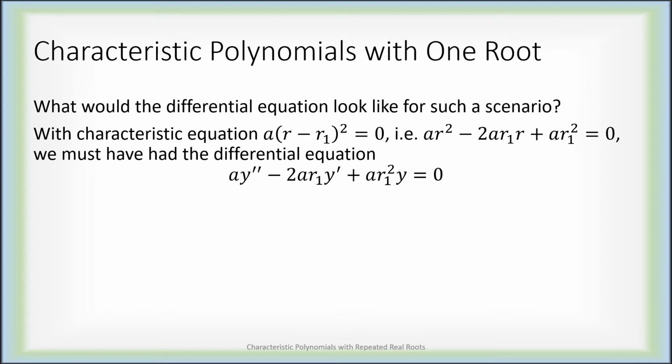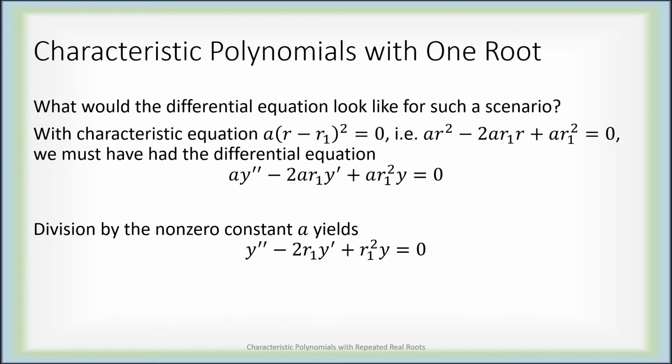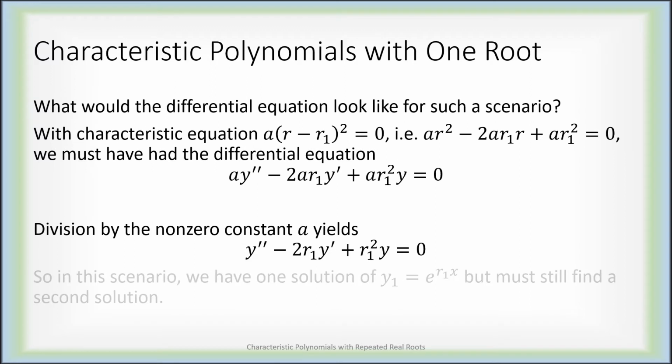So the only way a homogeneous, linear, second-order differential equation with constant coefficients could have a characteristic polynomial with a single unique root is if it looks like this. Now, if I divide out by the non-zero constant a, we get y double prime minus 2r1y prime plus r1 squared times y equals 0.